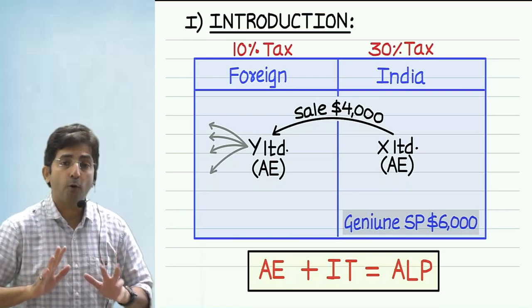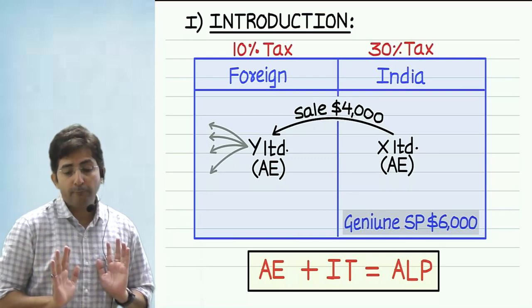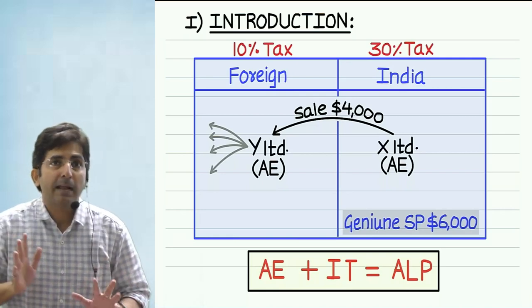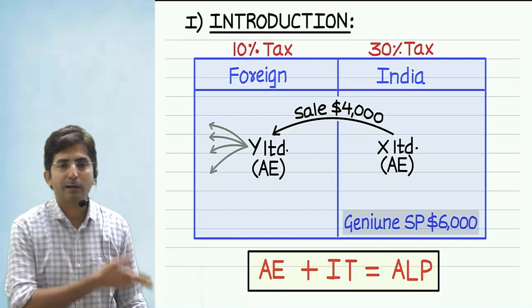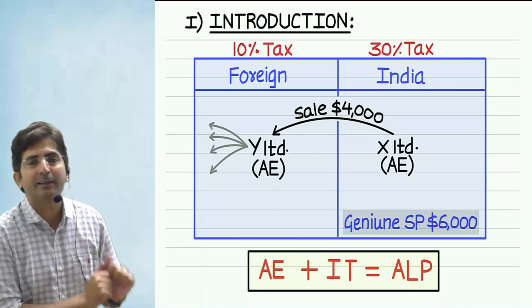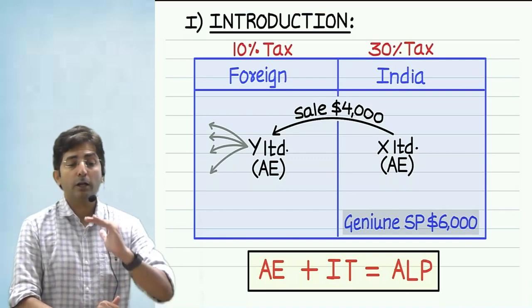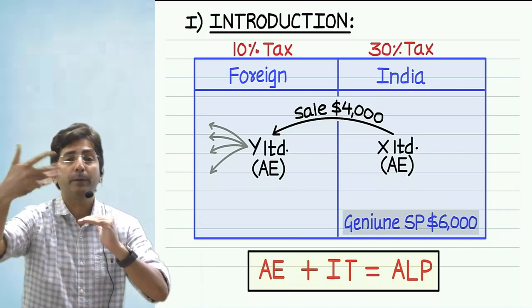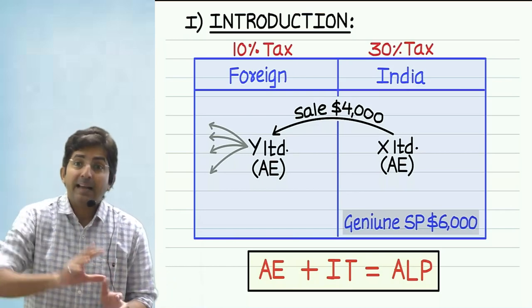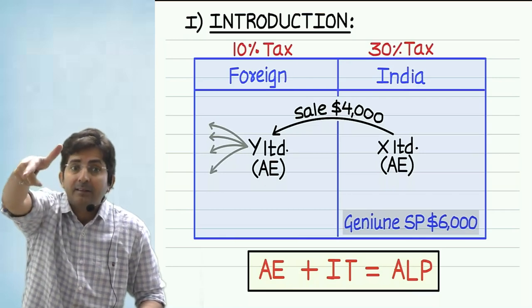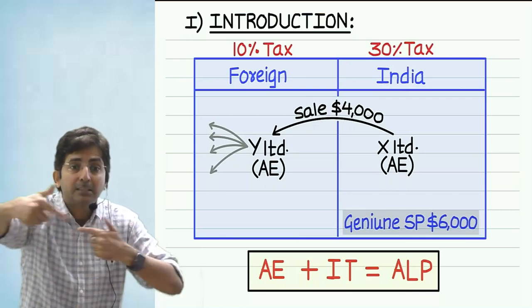See, if I form my own company, Prime Vision CA section, Prime Vision college section, then I can control that entity. It is my entity only. But if I am talking about Prime Vision and some other competitor of mine, JK Shah, I cannot control them. And when I cannot control them, I cannot manipulate the price between us.